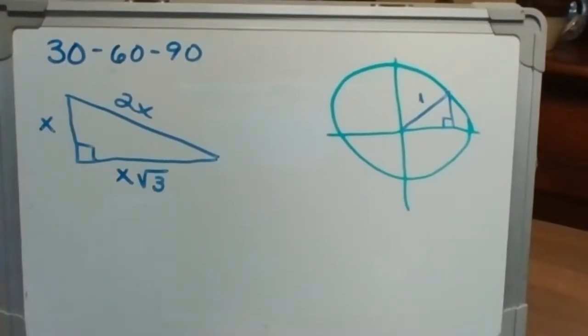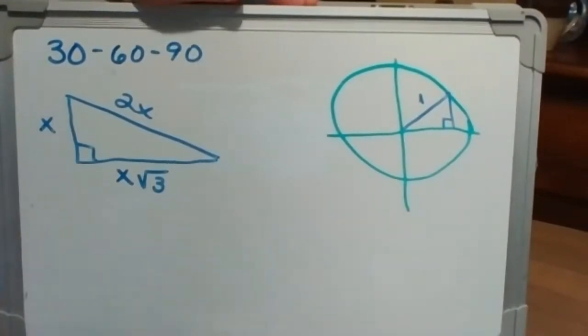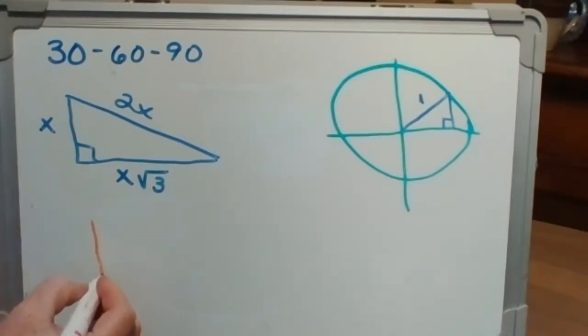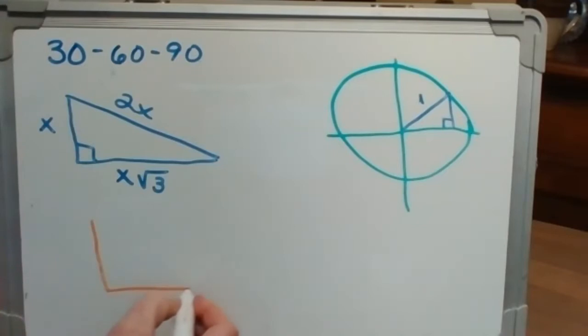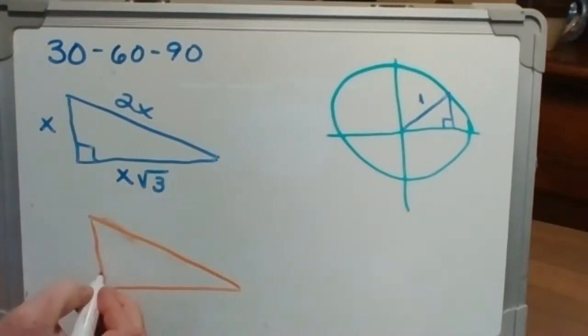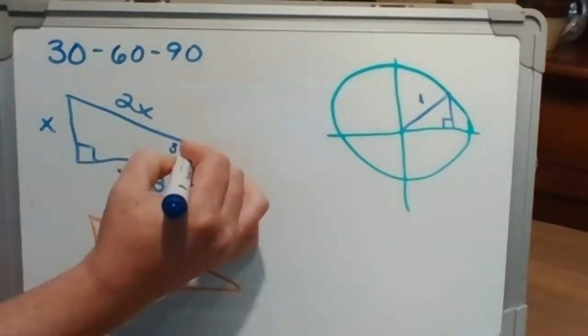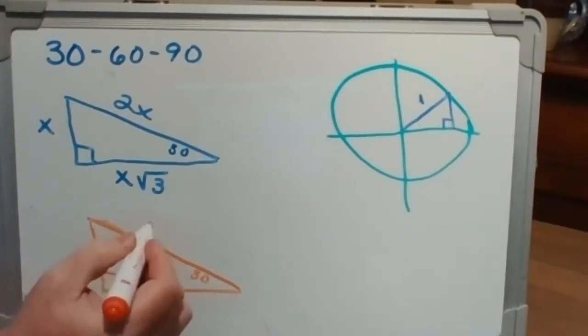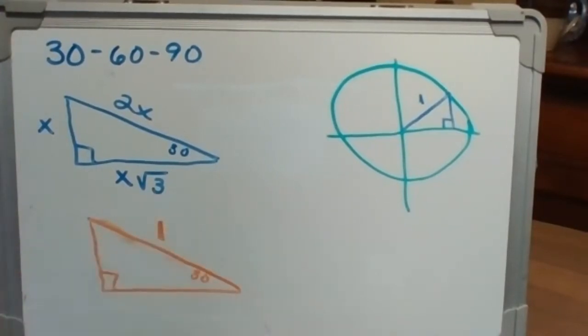So I'm going to draw myself another triangle here. And I'm going to say, well, the hypotenuse of this 30, 60, 90 triangle is 1.